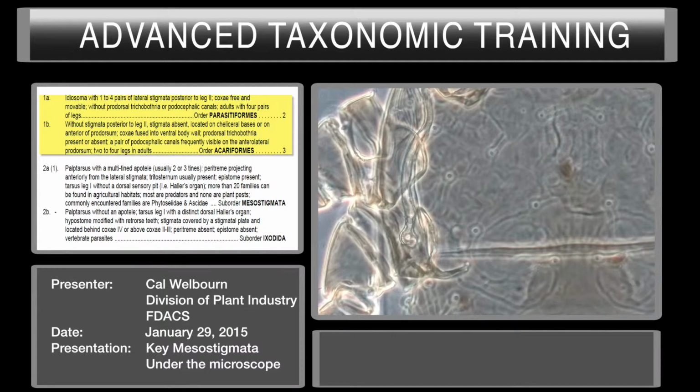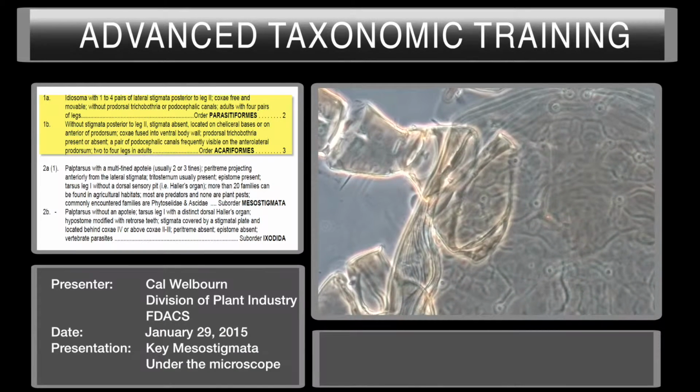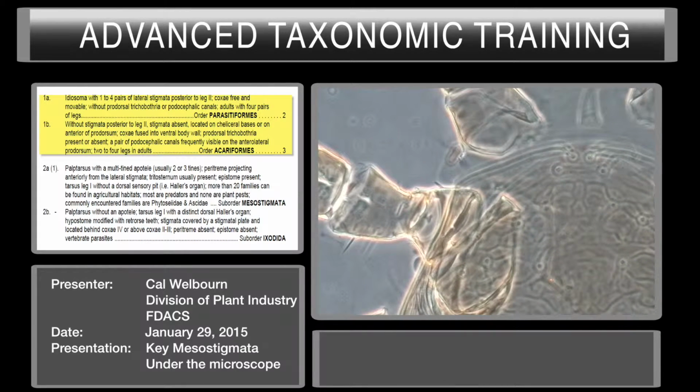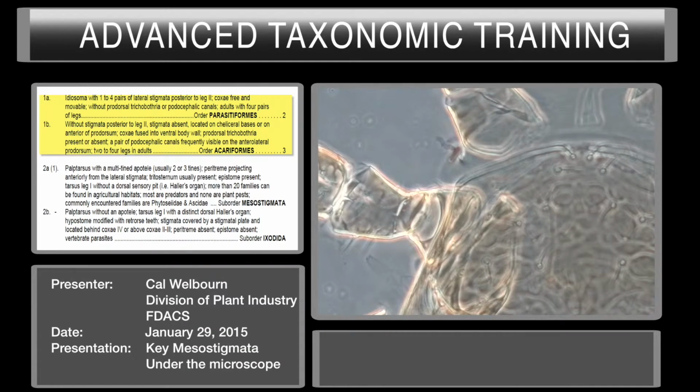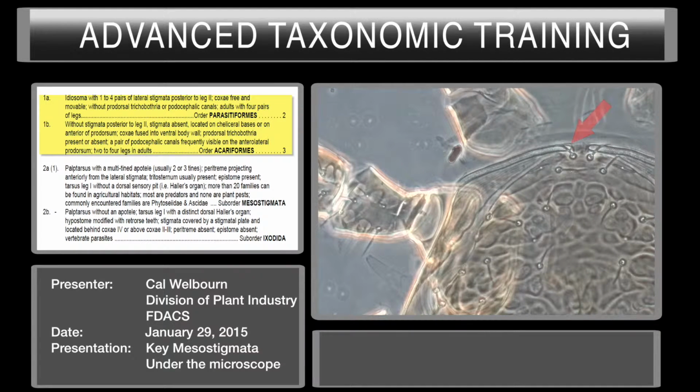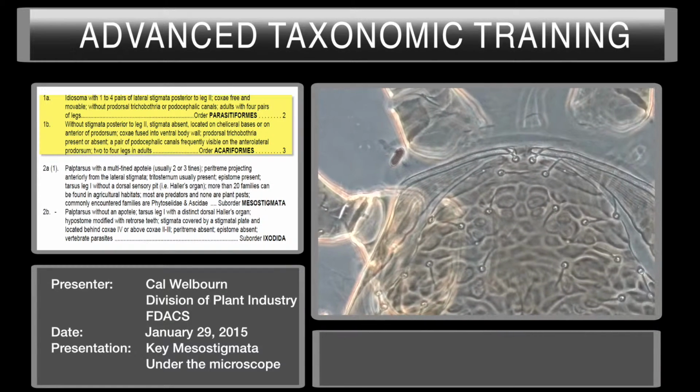Move the slide so you can see the rest of it, continuing up and ending right there. This is the lateral paratreme. Now they're not always this long, but they'll be lateral and going towards the anterior end of the mite. If we look at the other side, might be a better view.